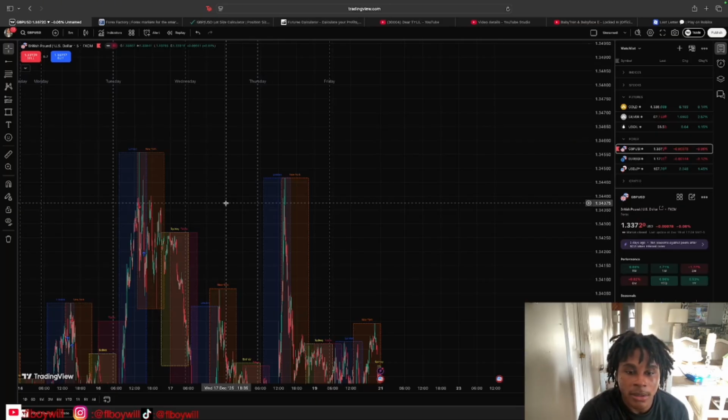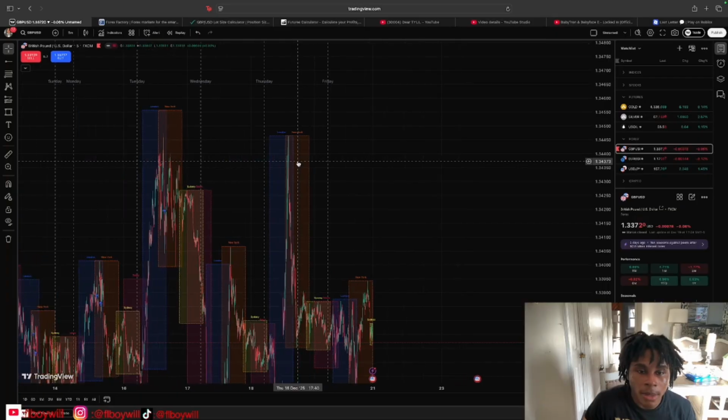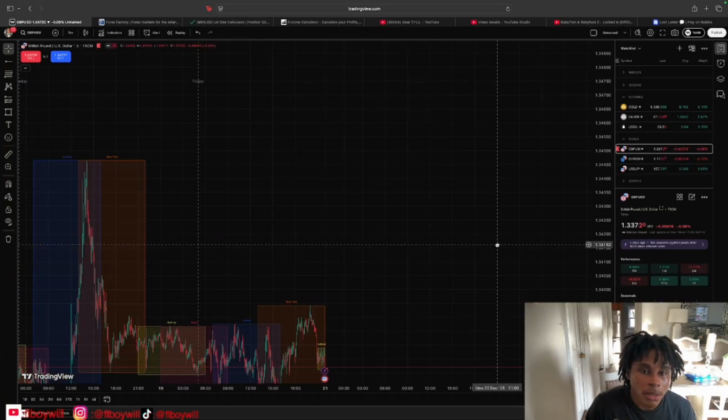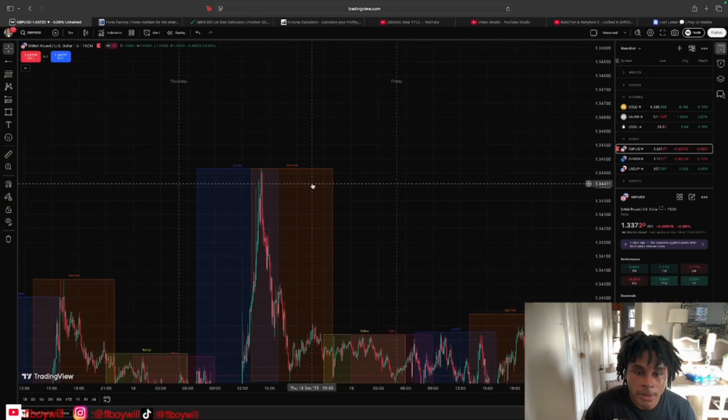And if you don't want to put stop losses or take profits at highs and lows of previous sessions, then you can look for order blocks and put it at the top and bottom of order blocks. So we're going to go with previous forms of liquidity first.